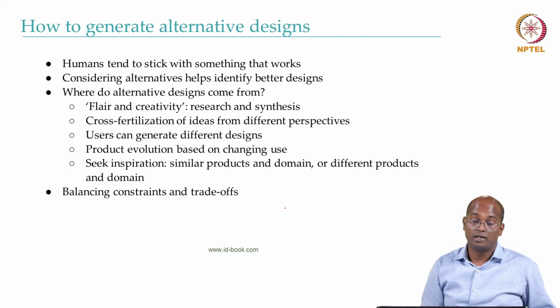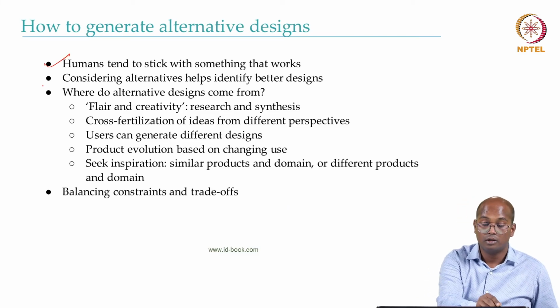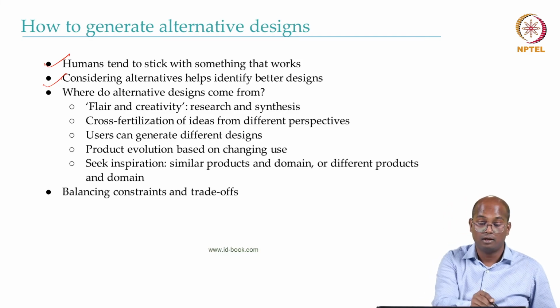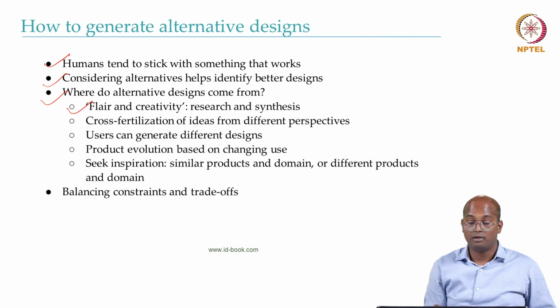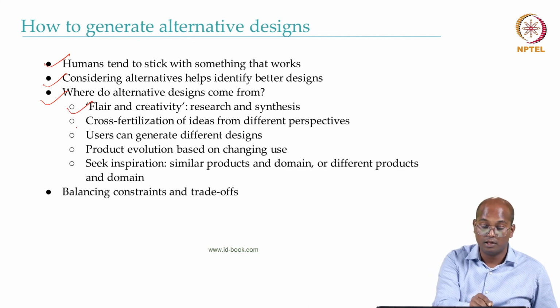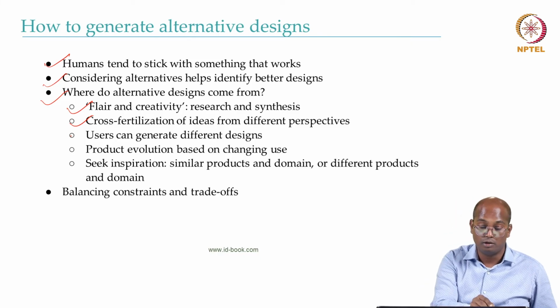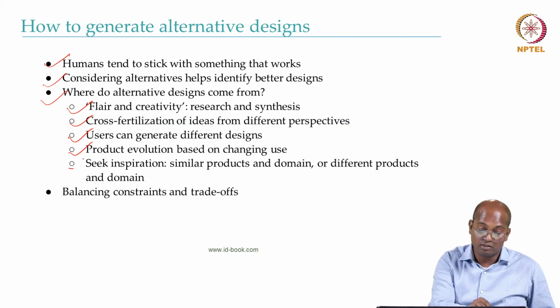And how to generate the alternative designs. So humans tend to stick with something that works. So considering alternatives helps identify better designs. And where do alternative designs come from? You can have flair and creativity, research synthesis. You can have cross-fertilization of ideas from different perspectives. Users can generate different designs, product evaluation based on changing use, and seek inspiration.